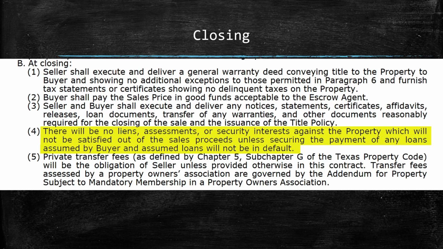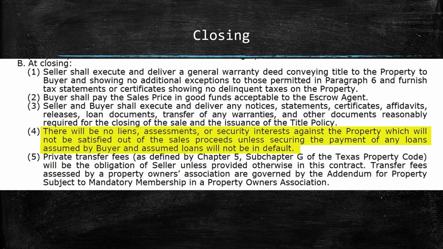9B4 says there will be no liens, assessments, or security interests against the property which will not be satisfied out of the sales proceeds unless securing the payment of any loans that are assumed by the buyer. And in that case, such assumed loans will not be in default.